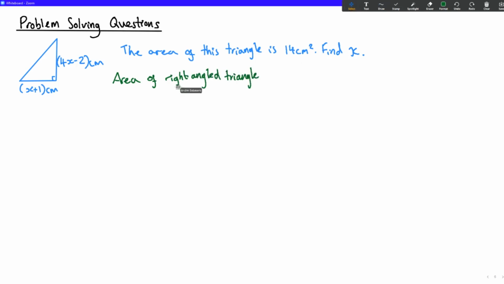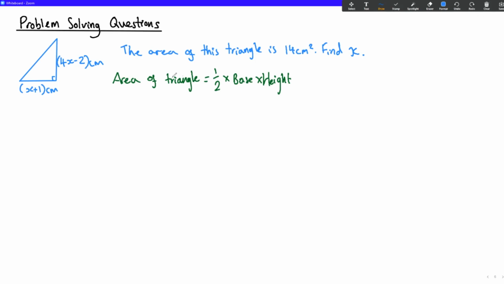in fact, it's more general than that. So the area of the triangle equals a half times the base times the height. But we're just going to write base times height, like so.